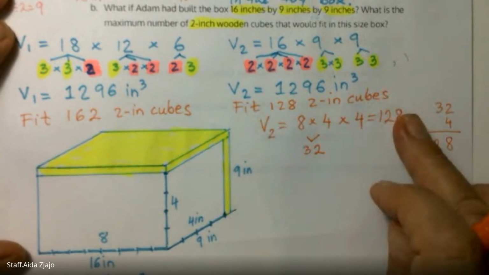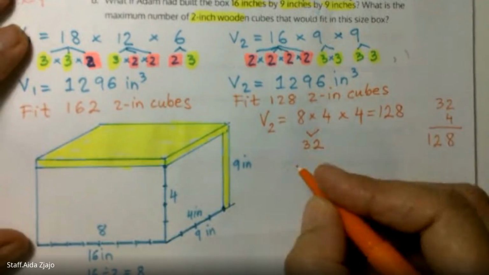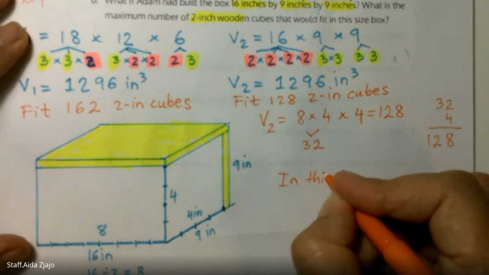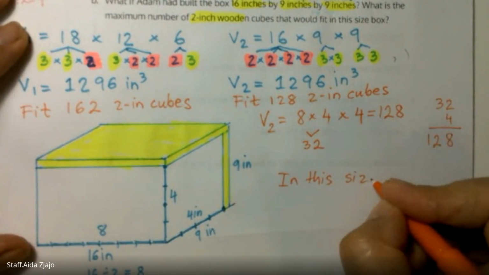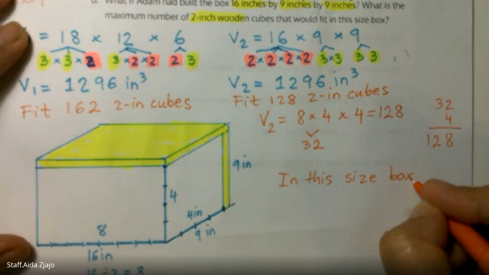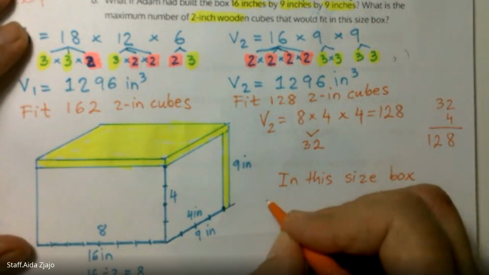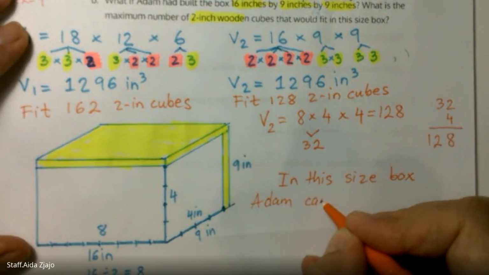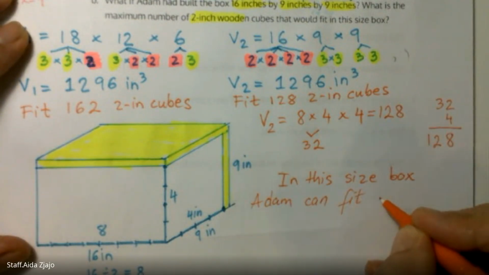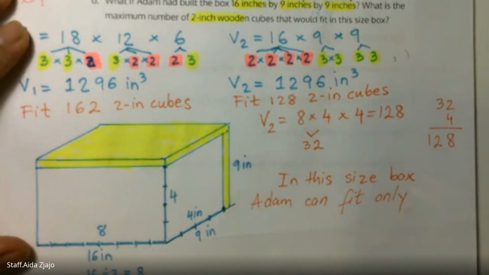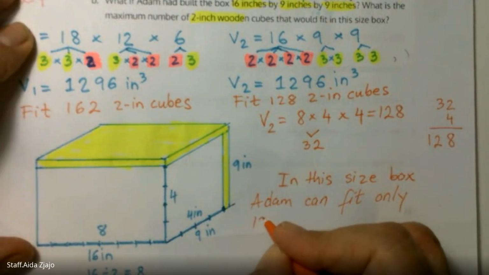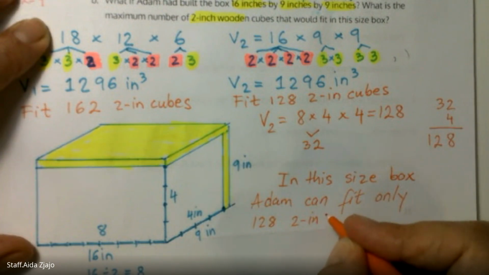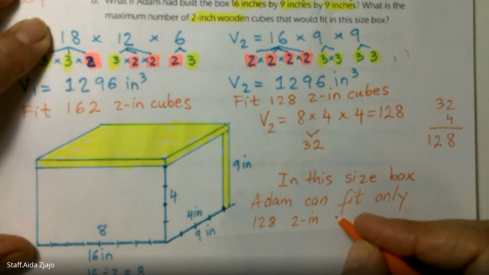We can write: this size box can fit only 128 2-inch wooden cubes.